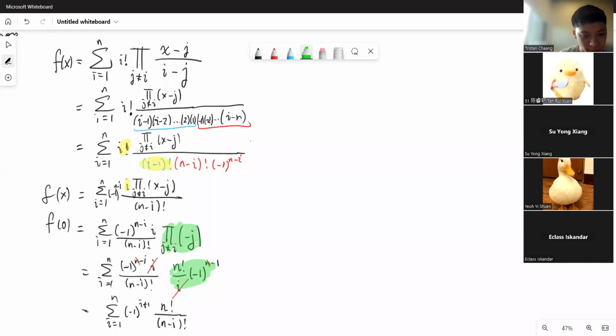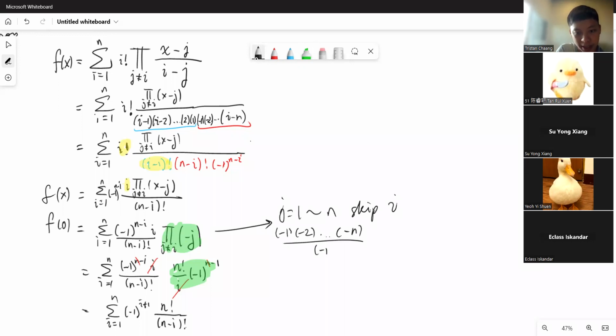Okay. Because the green is defined by the product of all minus j's, where j runs from 1 to n, but skip i, right? Skip i. So it's like minus 1, minus 2, minus 3, and so on, minus n. But then I skip i, so let's just divide by minus i.